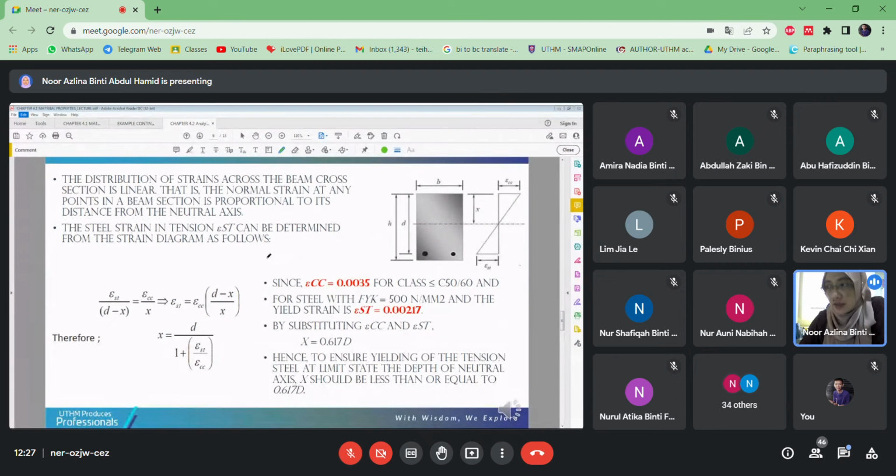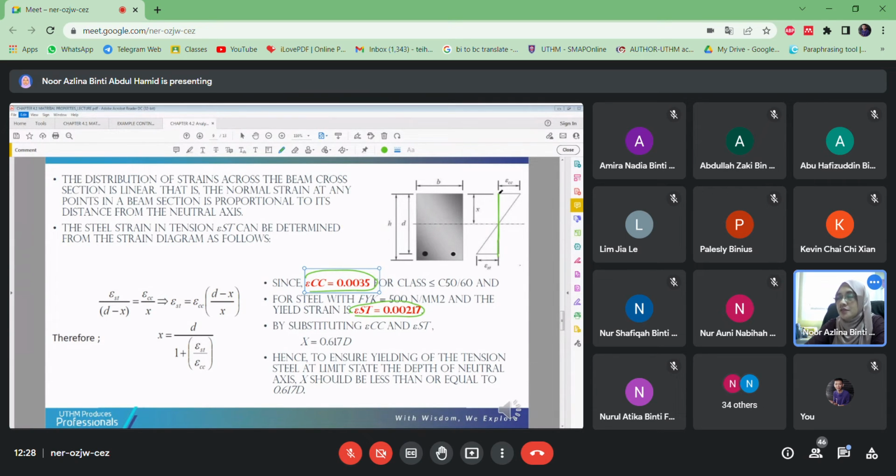So if you look at here, how we get this for the concrete and also for the steel is actually according to proportions. Okay, this is the beam section. You need to do some exercise on how to draw it. Firstly, you just need to make one straight line here.